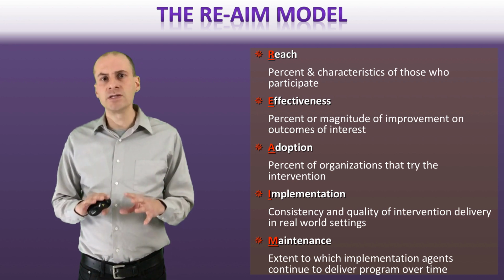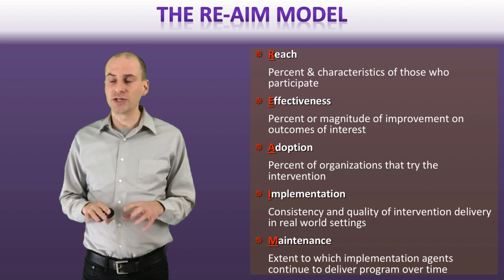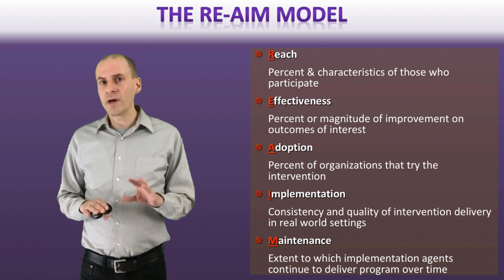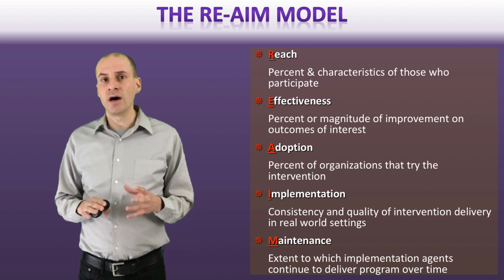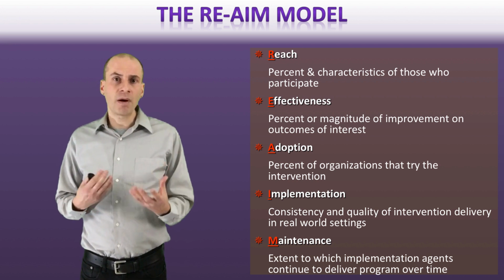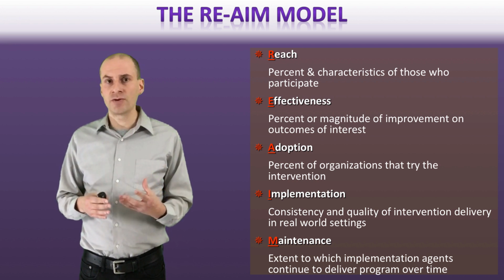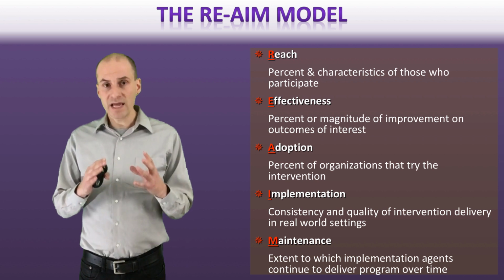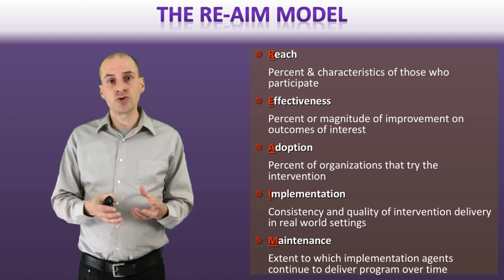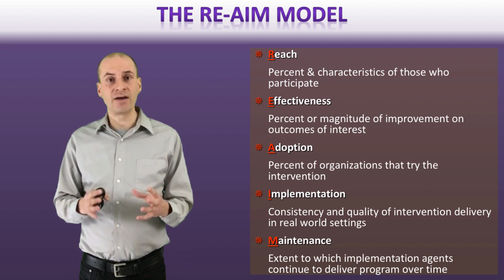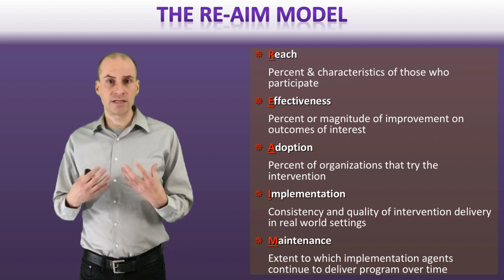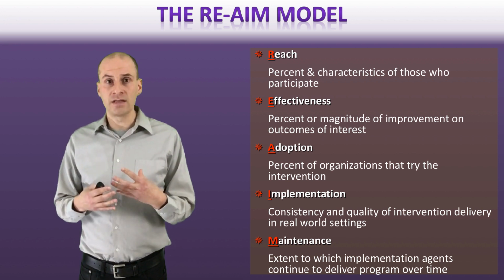There's a lot of reasons why you could fail in terms of a public health intervention. But what this group came up with was that these public health interventions aren't really considering how to take something that you try out in an efficacious and an ideal circumstance and turn that into something that's actually useful in the real world.